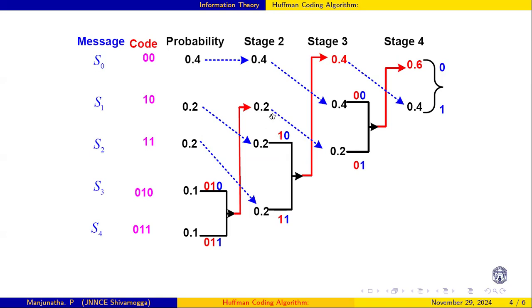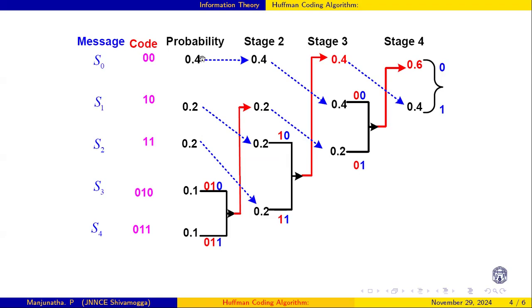Next, this probability 0.1, 0.1 we added and have coded 0 and 1. This goes to 0.2 and this code has a 0, 1. We have to append this 0, 1 to the earlier 0, meaning 0, 1, 0, 0, 1, 1.